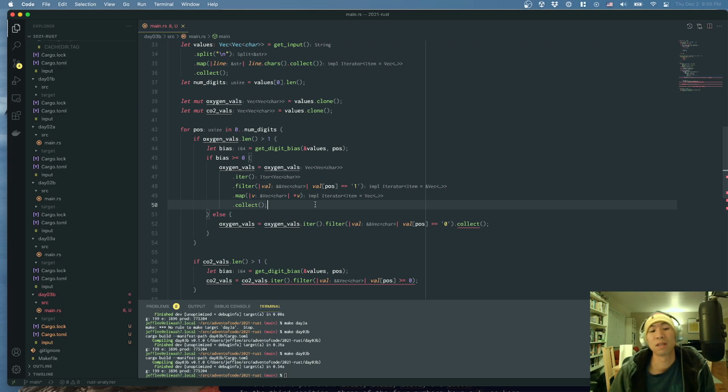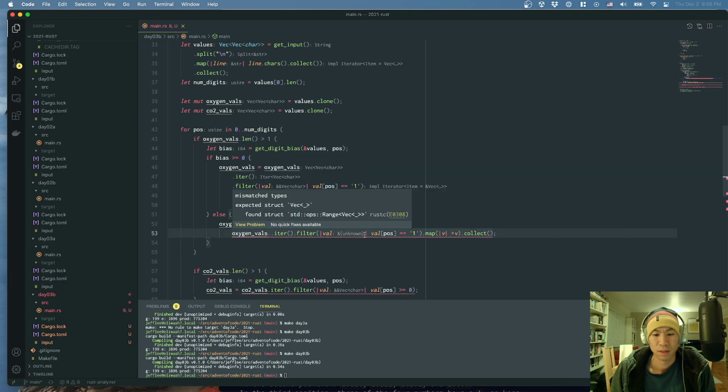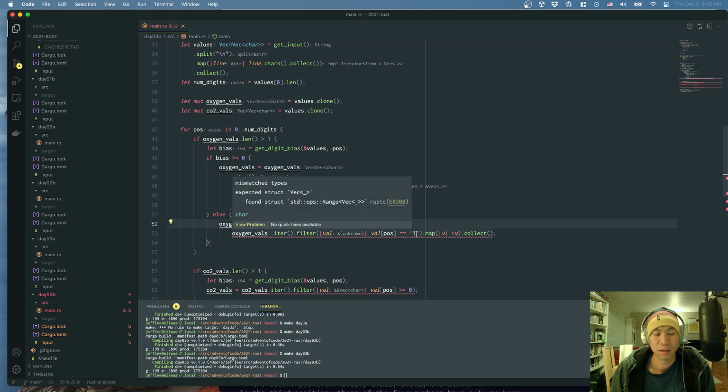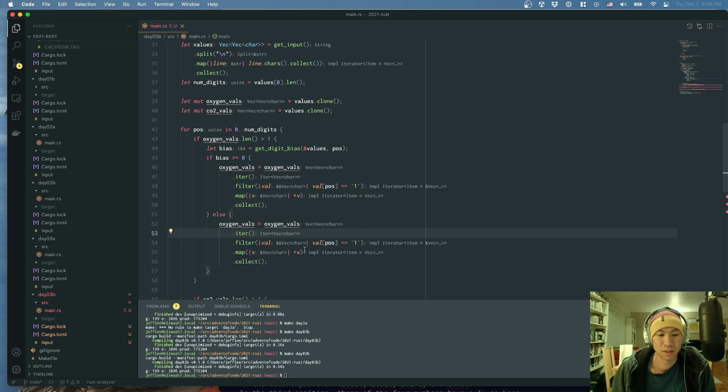But it compiles. So let's not complain too much about it. What, didn't I just copy this? Oh, 2 periods. And this is when it equals 0.